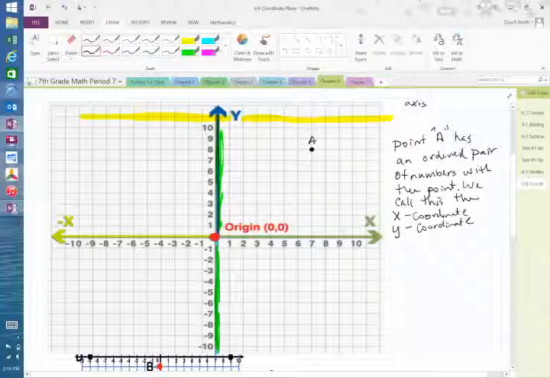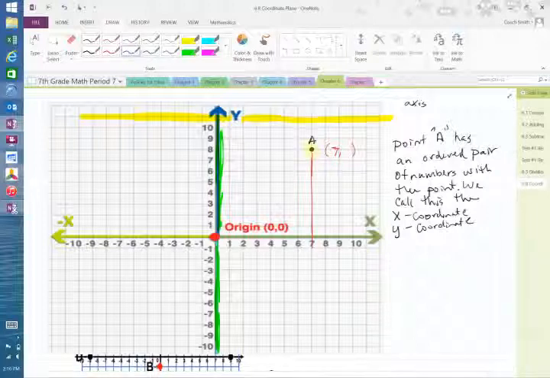The fact that it says it's an ordered pair means that the x-coordinate comes first and the y-coordinate comes second. How we can tell what these two coordinates are is if we look down from the A until we cross the x-axis. We cross the x-axis at 7, so the x-coordinate of the point is 7.